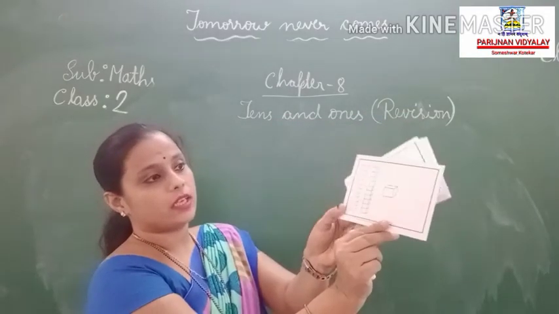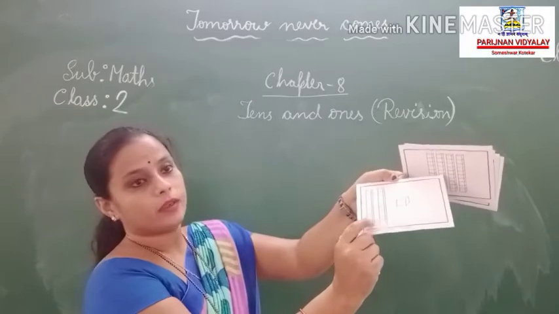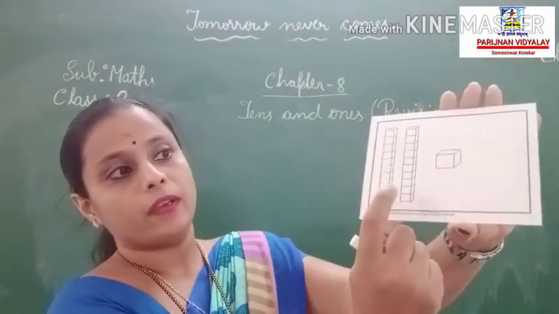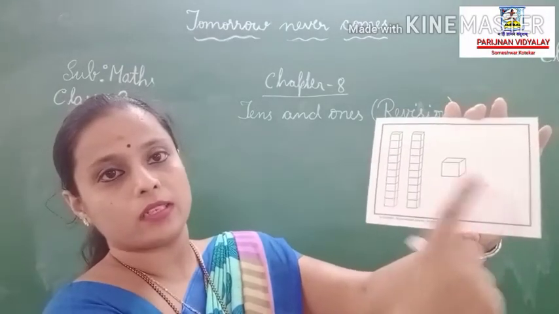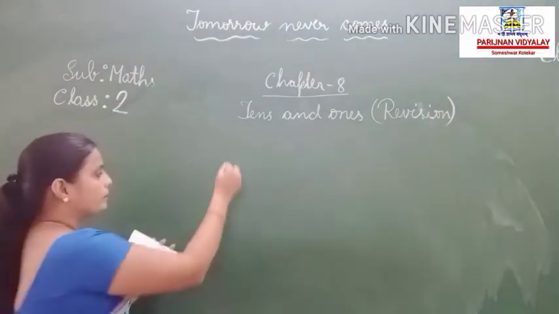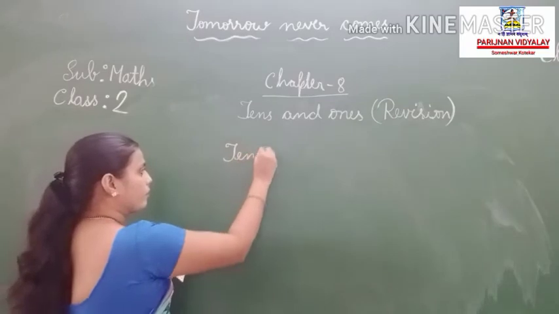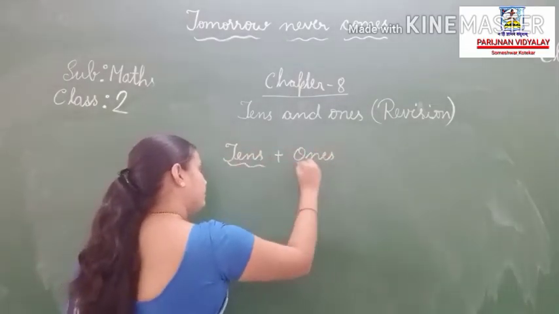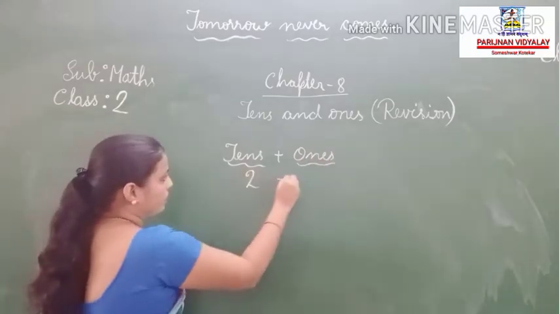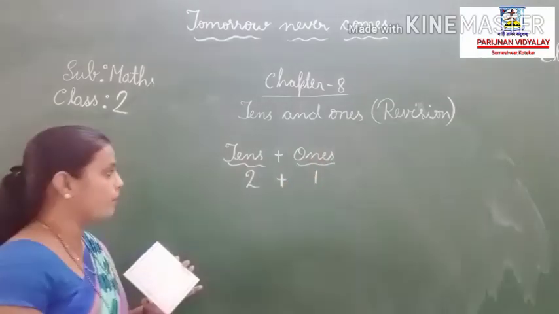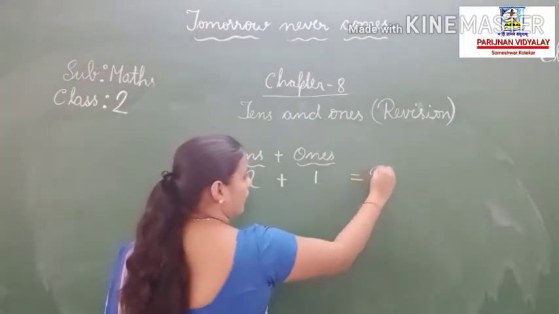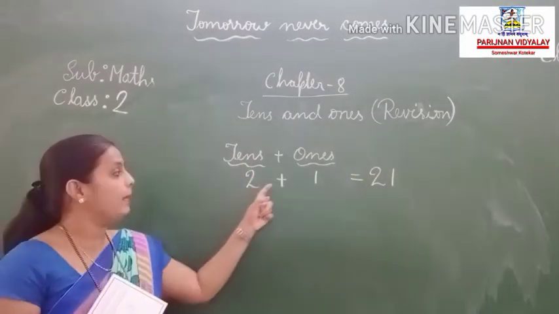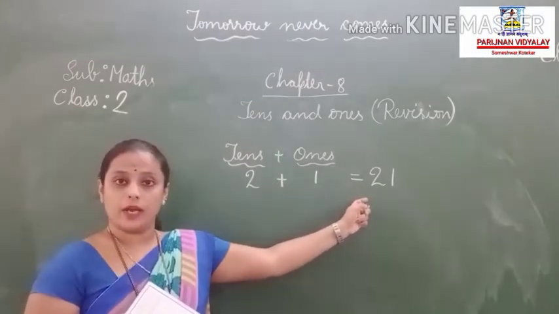One ones. Two tens and one ones means 21, right? 2 tens means 20 plus 1, 21.